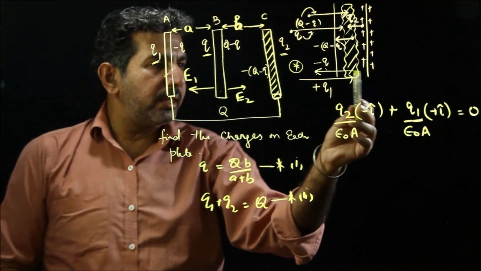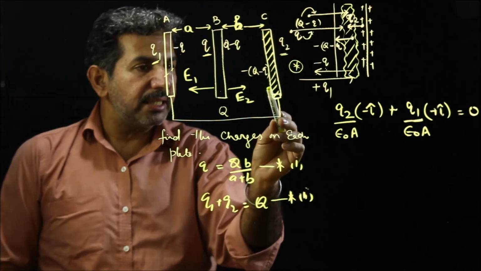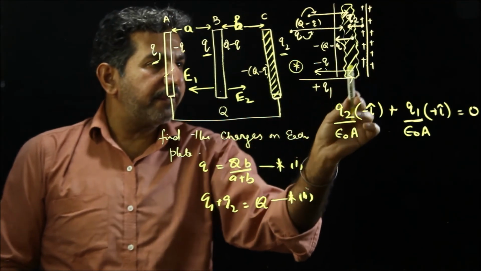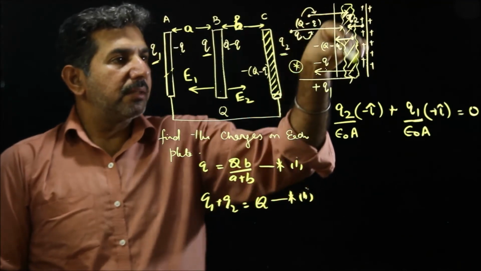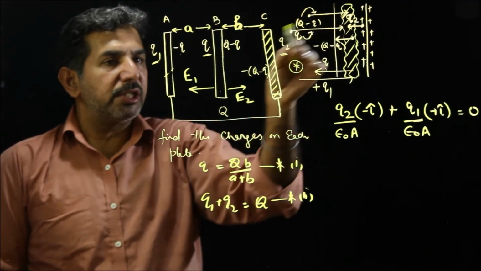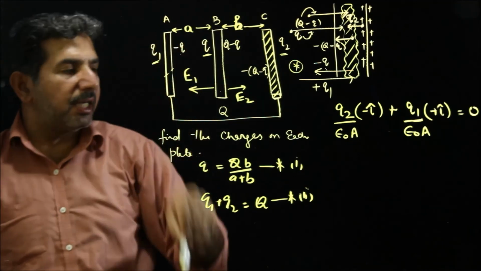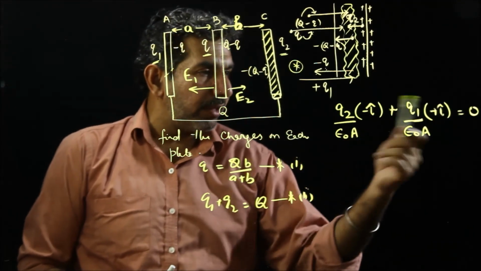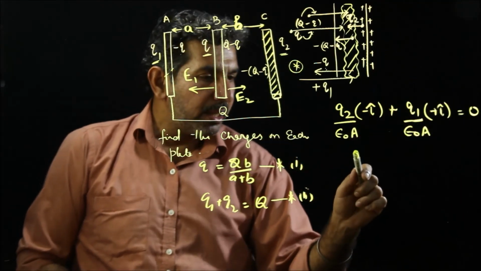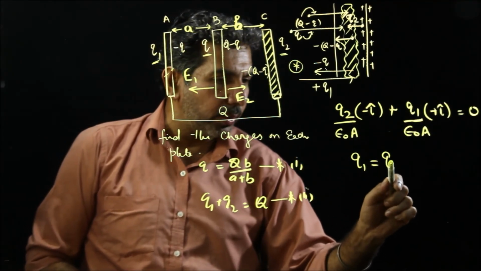I have drawn the two plates, and the region I have shaded like this, and correspondingly I have made all the electric fields corresponding to the charges available in the vicinity. I hope I have made my point clear. Now this is negative, this is positive. If I move it over here, I can simply get Q1 is equal to Q2.